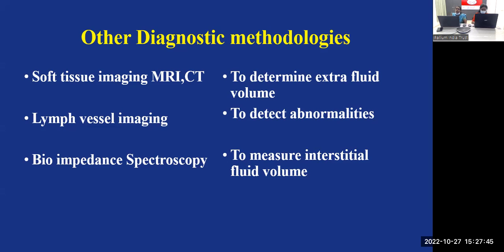In primary lymphedema, if there is any anatomical obliteration from birth itself, you have to detect where the abnormalities are, detect the extra volume, and measure the interstitial fluid volume. In that case, you can use all these investigations.